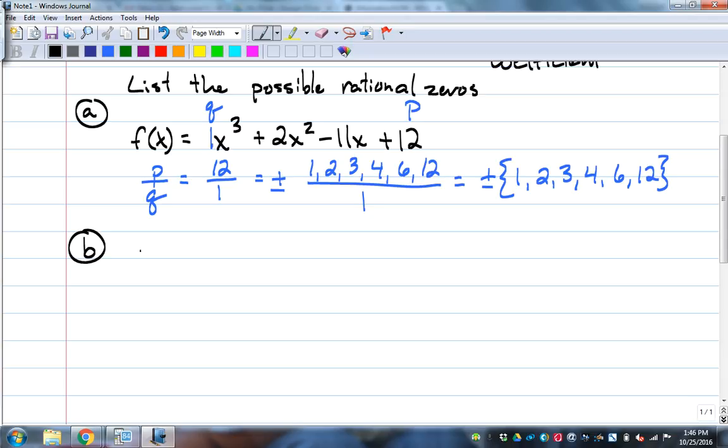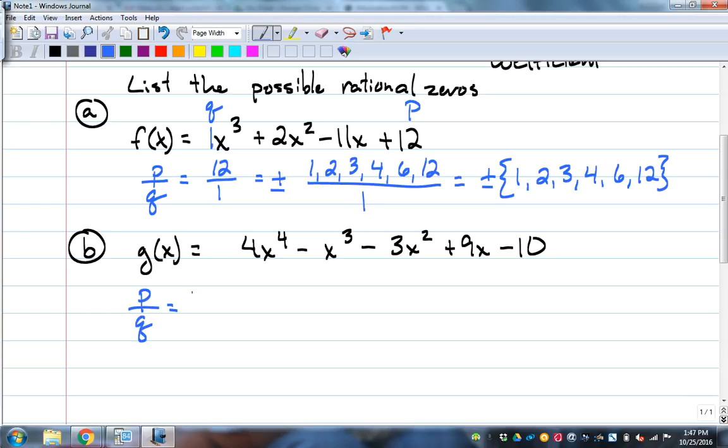All right, so let's look at this polynomial. G of x is equal to 4x to the 4th minus x to the 3rd minus 3x squared plus 9x minus 10. Okay, if we're looking for our P over Q, what part goes on top?